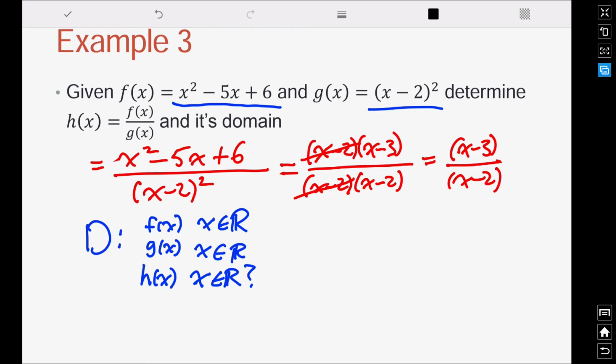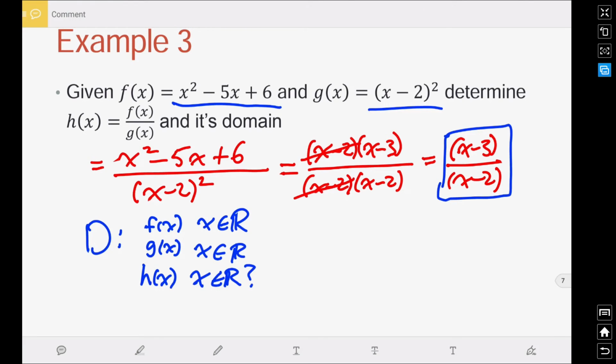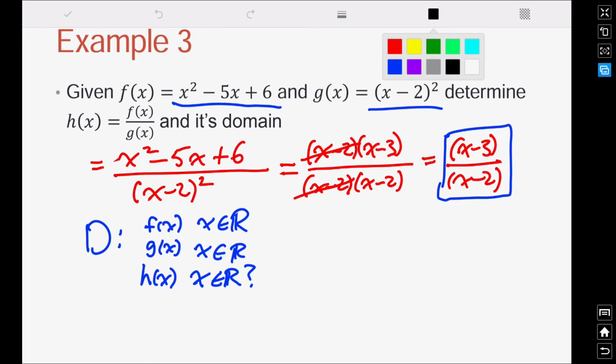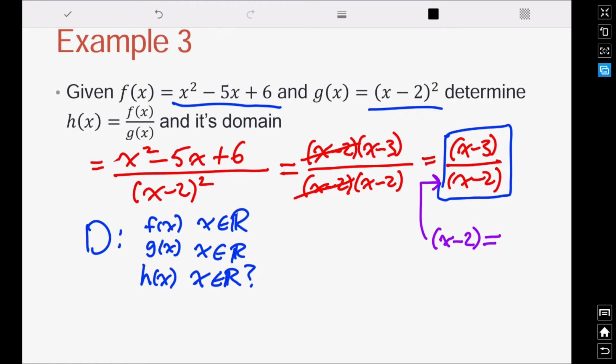If you take a moment to look at the resultant, it should become pretty obvious why the domain of h of x is not all real numbers. Let me highlight this for you. Since we have a division, we have to avoid certain numbers, basically anytime my denominator is equal to 0.